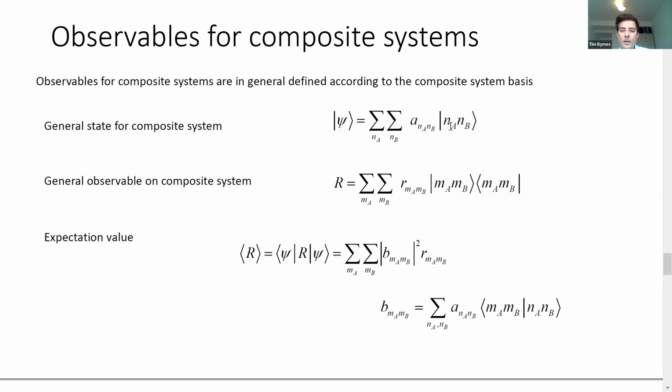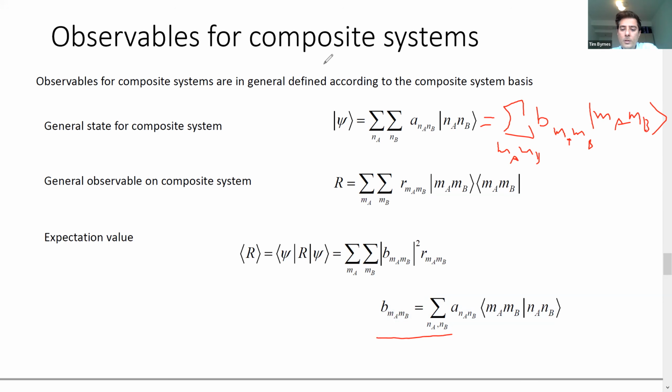If you go from the N basis to the M basis, you get a bunch of different coefficients, so our wave function in the M basis would be written just like this, with components indexed by MA and MB.